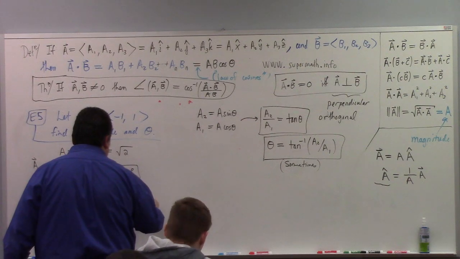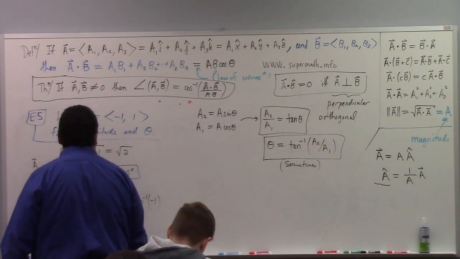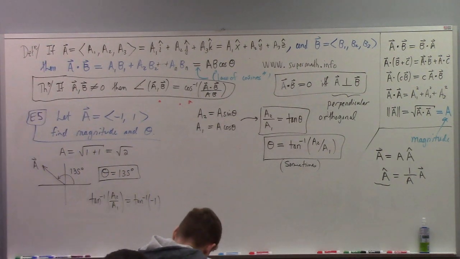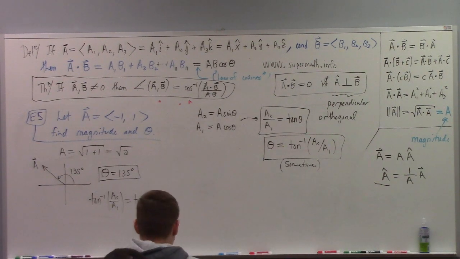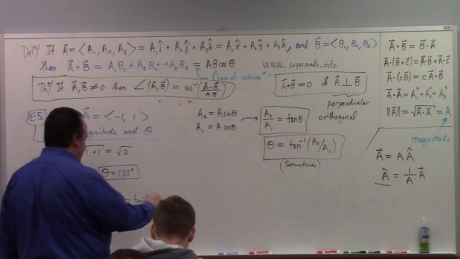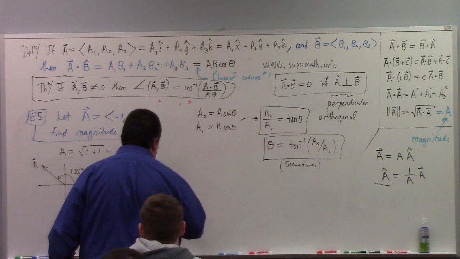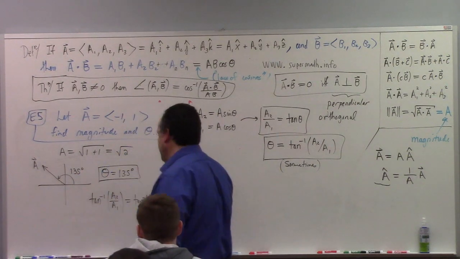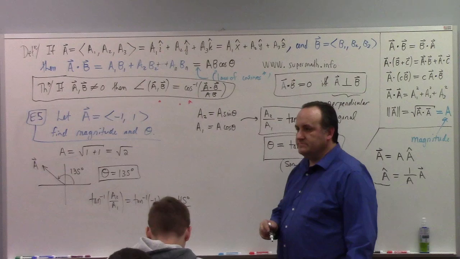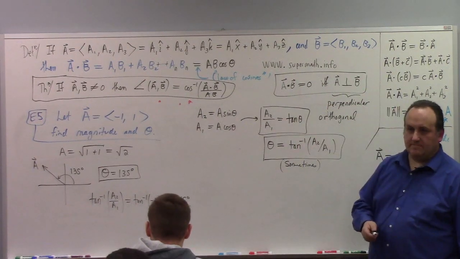How about here? What's the inverse tangent of A2 over A1? Well, that's the inverse tangent of minus 1, because 1 over minus 1 is, it doesn't matter, it's all minus 1. What's the inverse tangent of minus 1? It is minus 45 degrees. And these are not equal, not even geometrically, right?